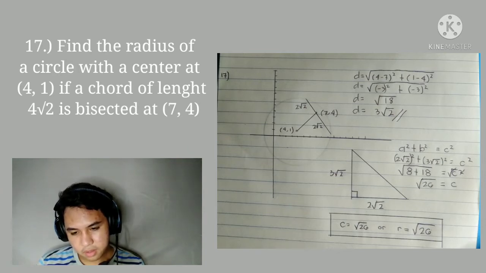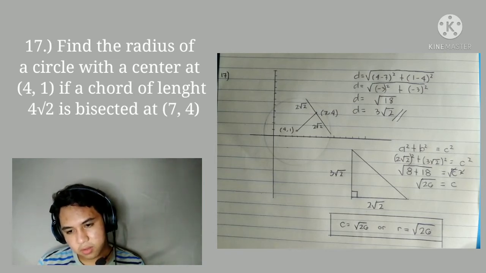Now we have the hypotenuse of this right triangle, and since it is a hypotenuse, that is the radius of this circle. The radius is equal to the square root of 26.